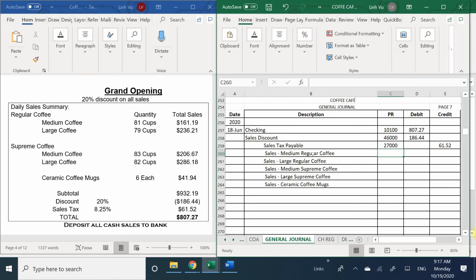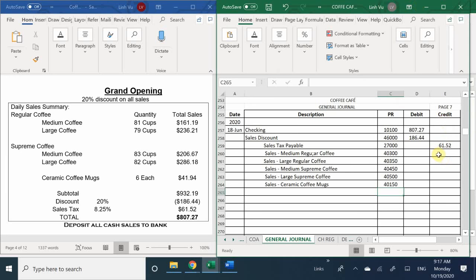Medium is 4,300. 4,350, 4,450, 4,500, and 4,150. Cool. Okay, good.